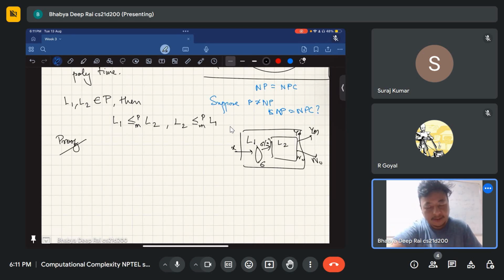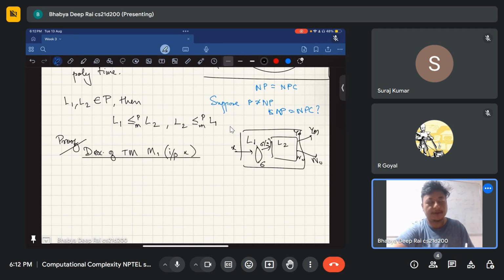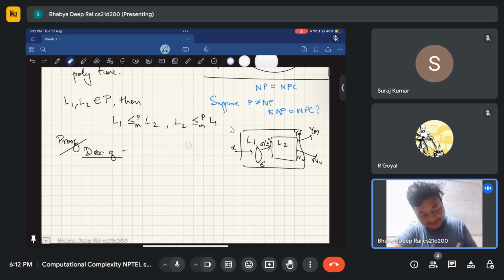So here is what you do. Description of Turing machine M1, which decides L1, on input x. Wait, I'll just show you the reduction.